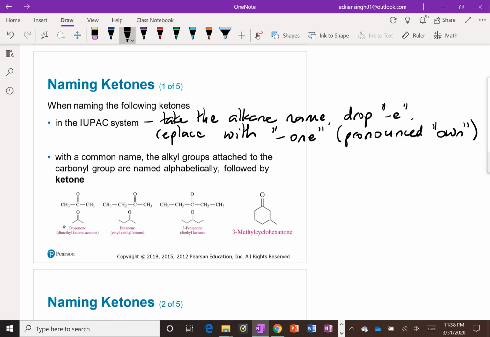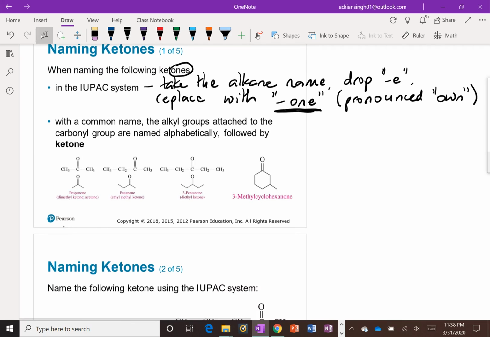Not one. So the ketones are going to have that O-N-E ending, the own ending.